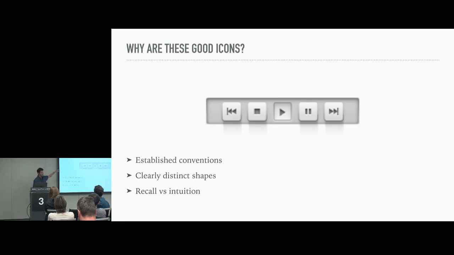Well, the arrow, that kind of gives an indication, it's pointing in some direction, it's moving in some direction. That's probably playing. The square doesn't indicate a direction. That can kind of jog your memory that that's the thing for stopping the playing. So that's how you should think about icons, I think: when somebody has learned your interface, can your icons help jog somebody's memory efficiently?